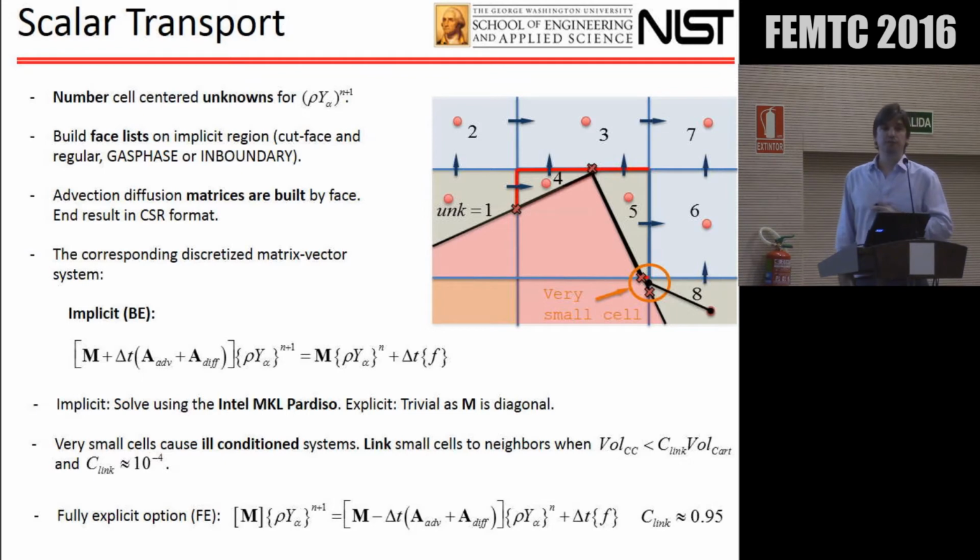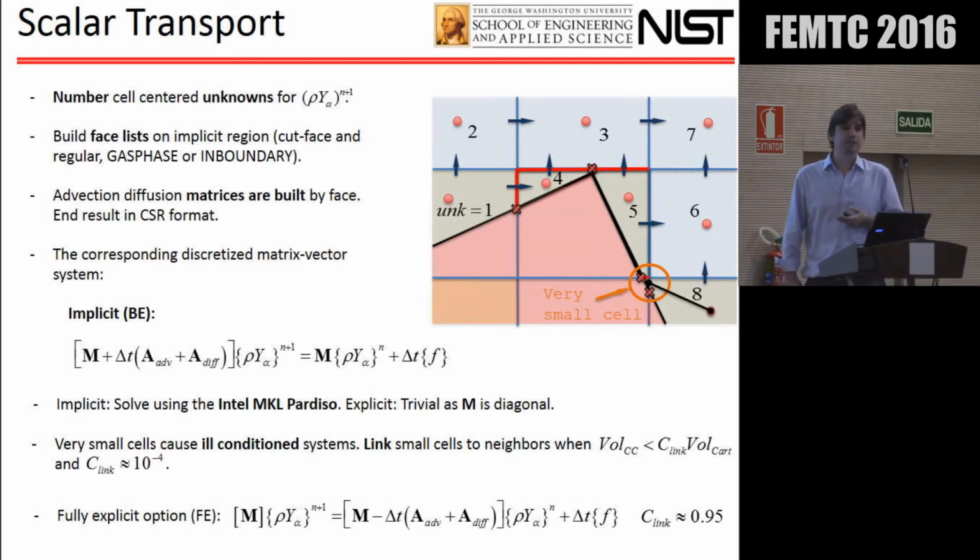So these are two options we are evaluating at this point. The procedure is the same. You build your discretization and your discretization matrices, and in one case you would basically invert a matrix system. This can be very expensive. And in the other case, it's just a matrix-vector multiplication.